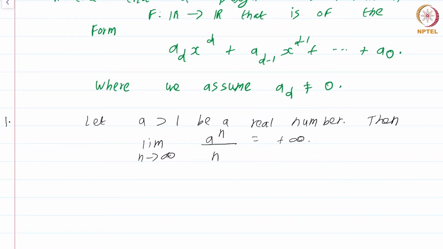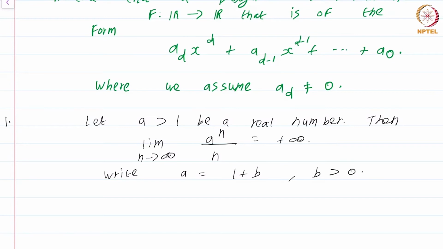That means the growth of a^n cannot be counterbalanced by the growth of n. A^n sort of grows much faster than just n. How do you show this? Well, again, we are going to use the binomial theorem. What we do is write a to be 1 plus b, where b is greater than 0.